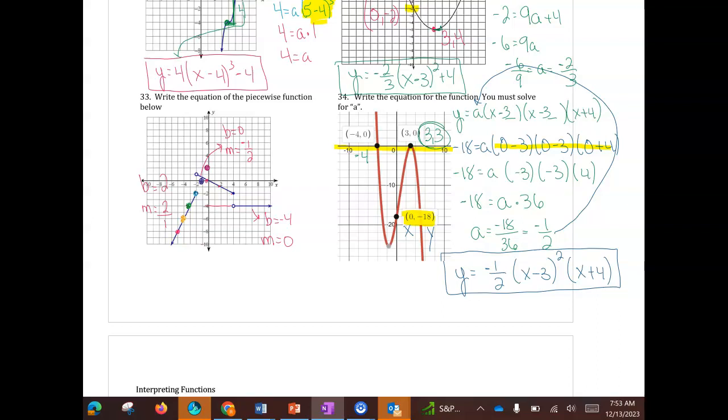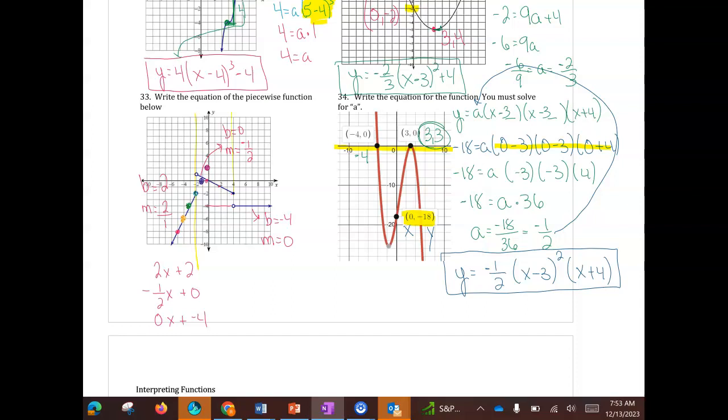All right, so my first line is mx plus b, so 2x plus 2. My second line is mx plus b, so -1/2 x plus 0. And my third line is mx plus b. Now, if you want to leave the zeros out, those are things you can do, but I'm just sticking with the same format. So now I need to see, where do the lines start and stop?